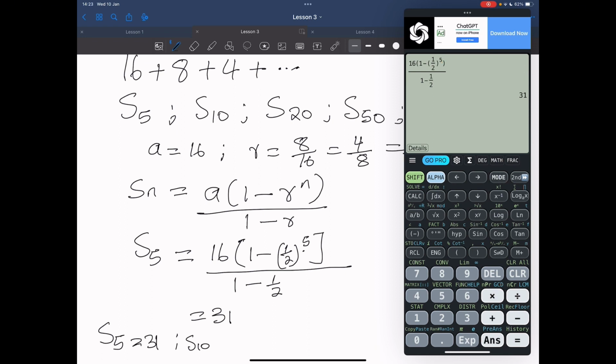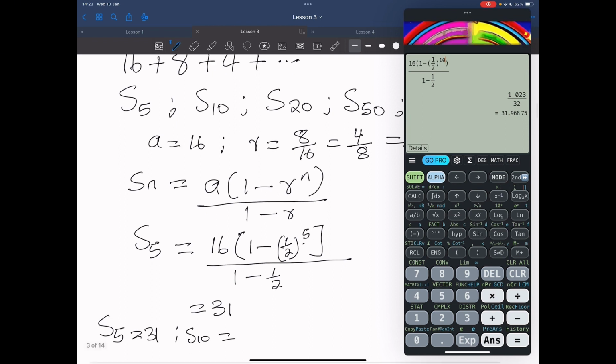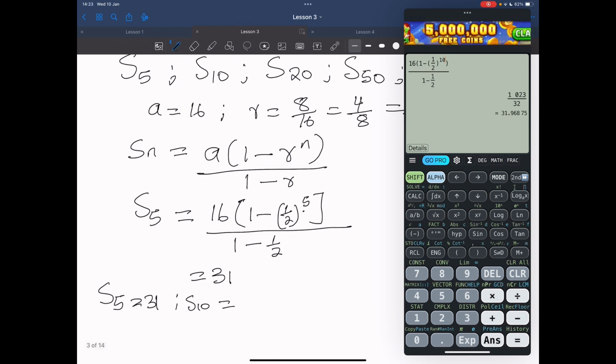We don't have to go far. We can just press delete there and we put a 10. And then we are getting 31.96875. So let's just write it as complete like that.